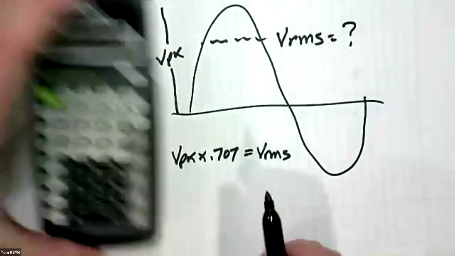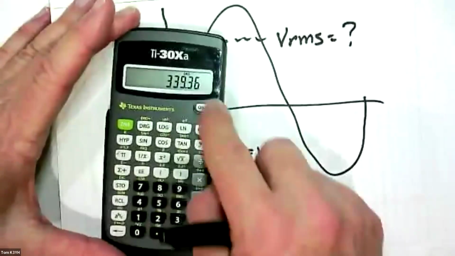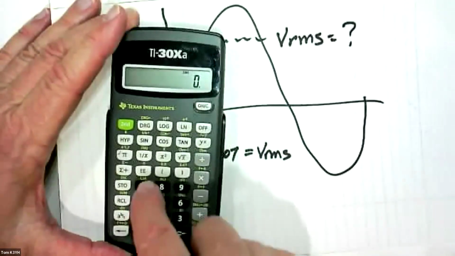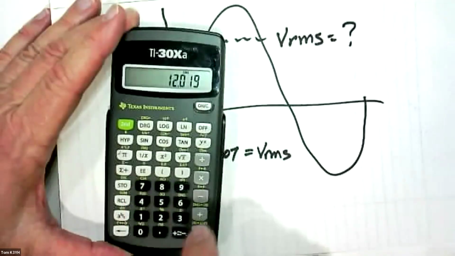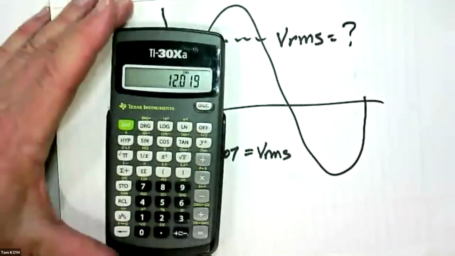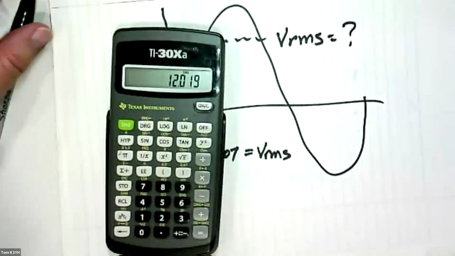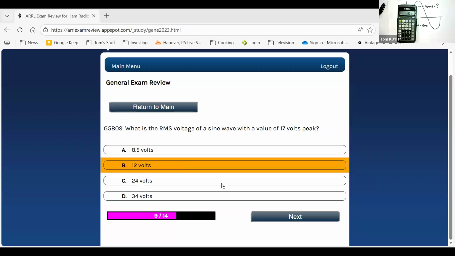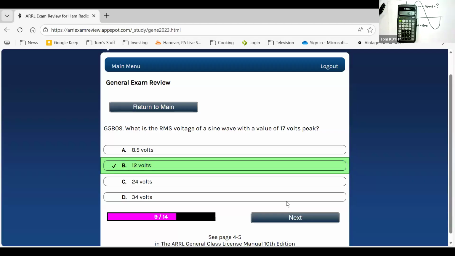Okay, real easy. So we'll do 17 times 0.707, and that gives me more or less 12 volts. Select 12 volts. So all I had to do in this case was multiply the peak times 0.707, and I get the RMS.